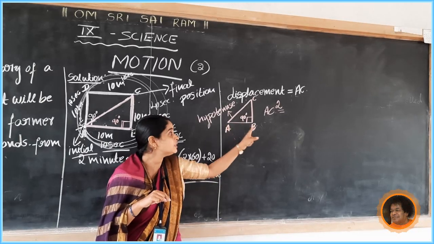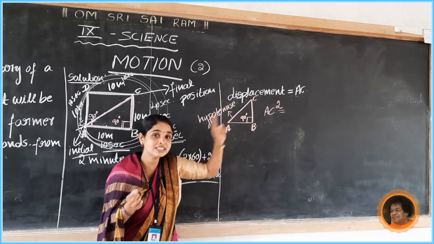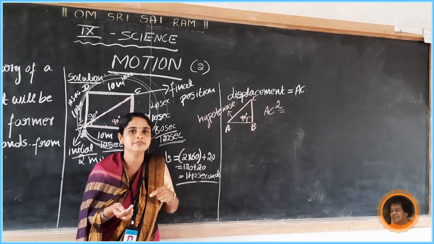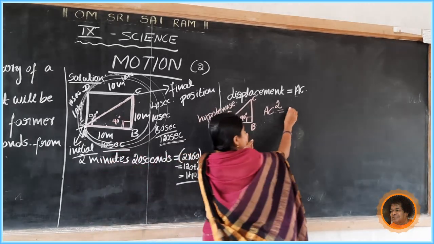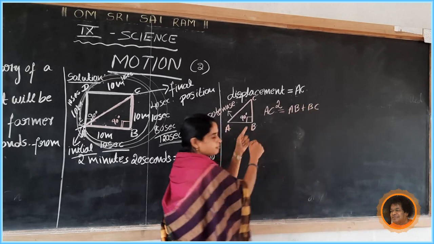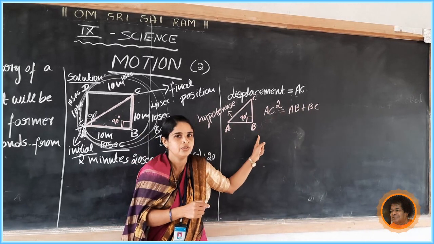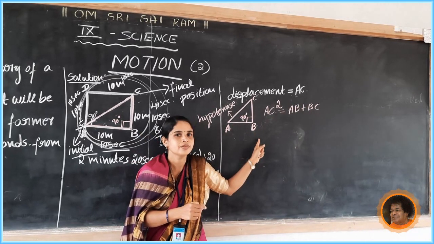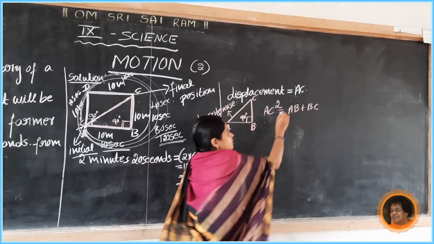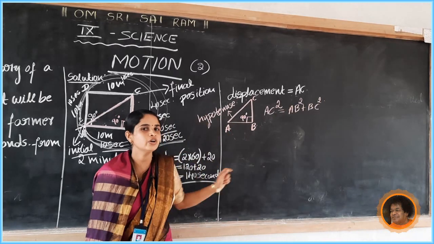Which are the other two sides here? AB and BC are the other two sides. Squares of each, and then sum. So AB square plus BC square. It is the formula of the Pythagoras theorem.